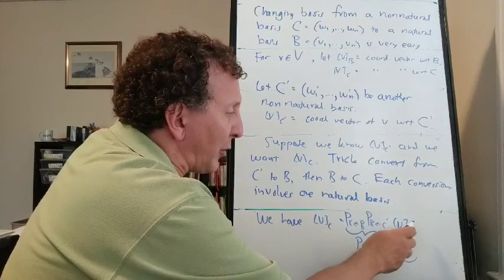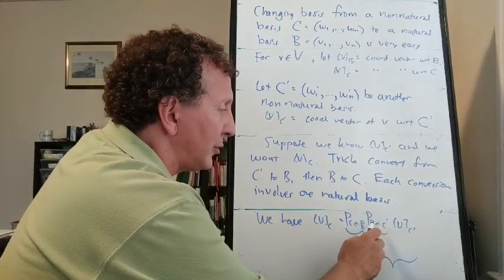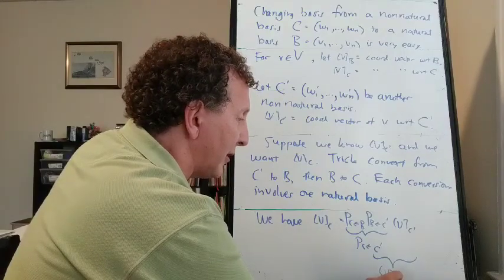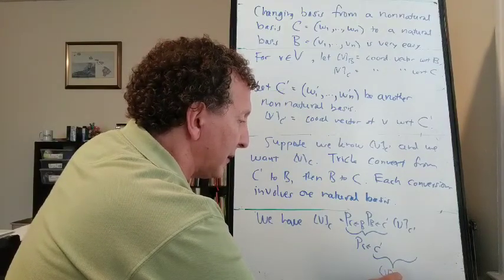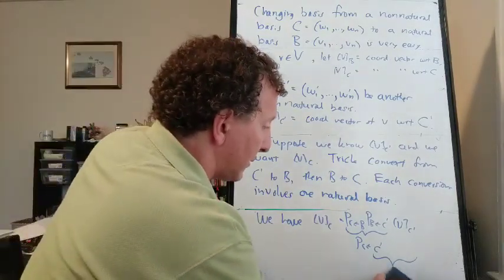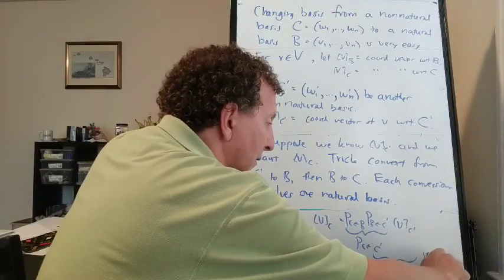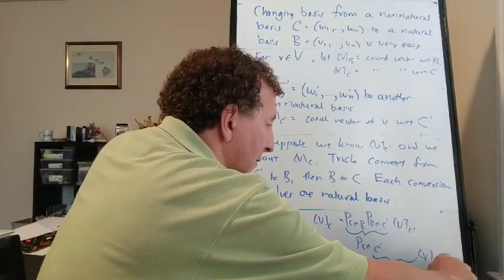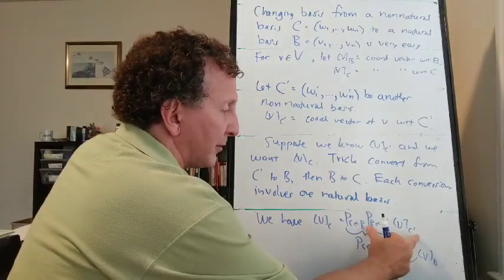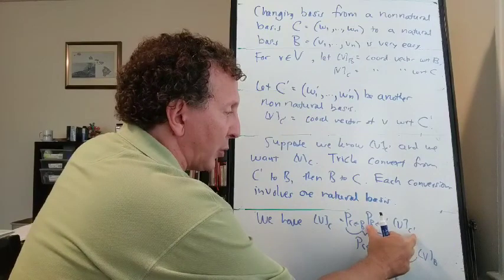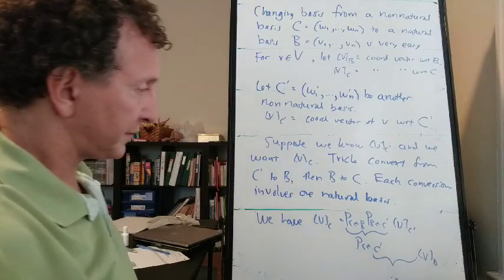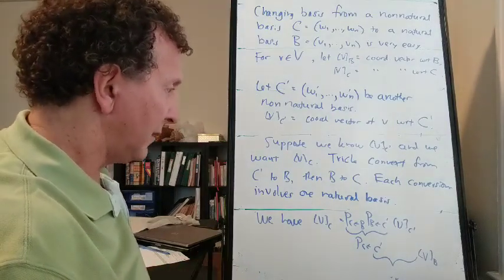If we have the coordinate vector with respect to C prime and we convert to B, then this is the coordinate vector of v with respect to B. So this product of matrix times vector is the coordinate vector of v with respect to B. And then we convert from B to C. So let's do an example.